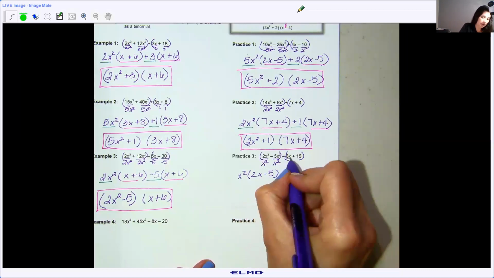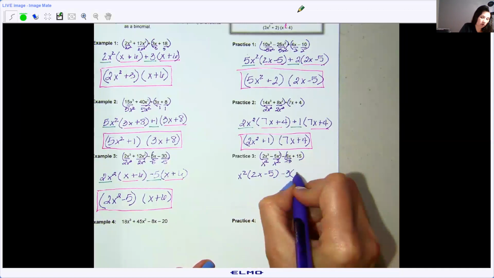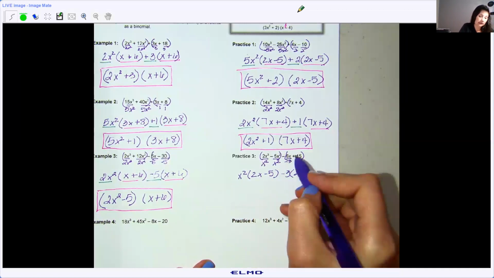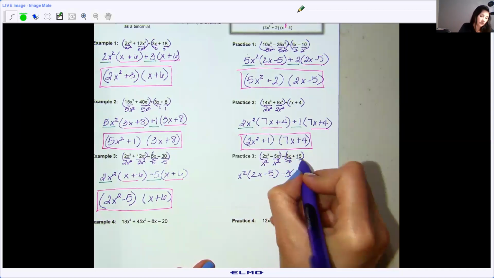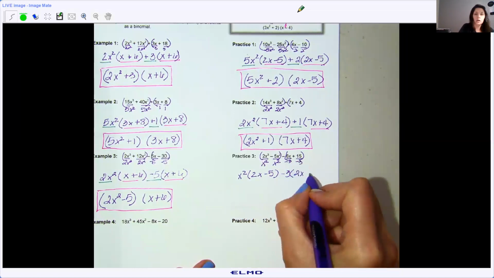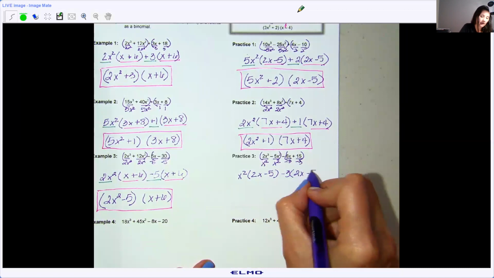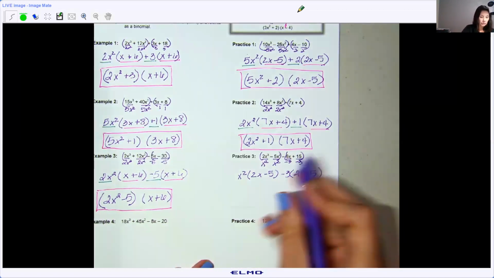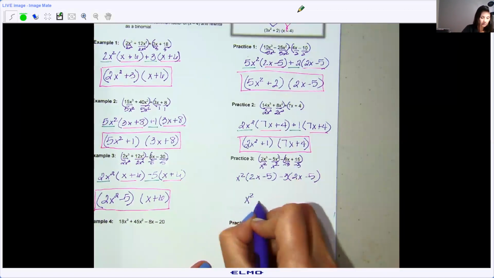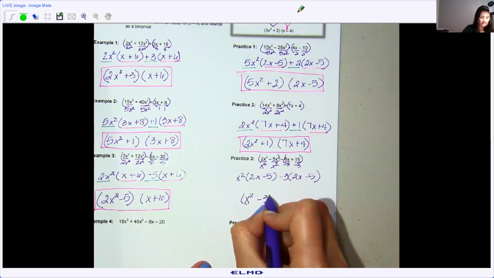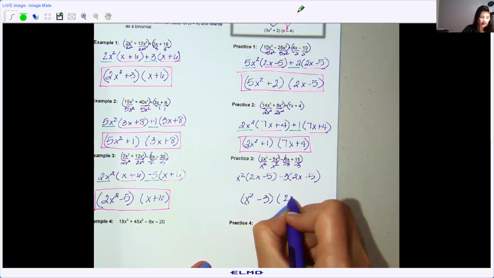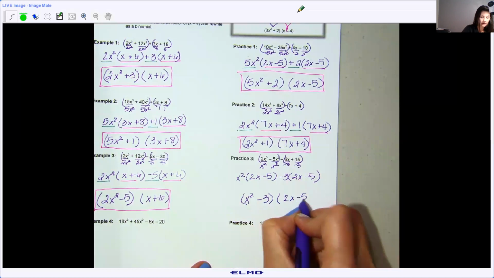So -6x divided by -3 is a 2x. And -15 divided by -3 is a +5. Okay, so I have x squared minus 3 times 2x minus 5.